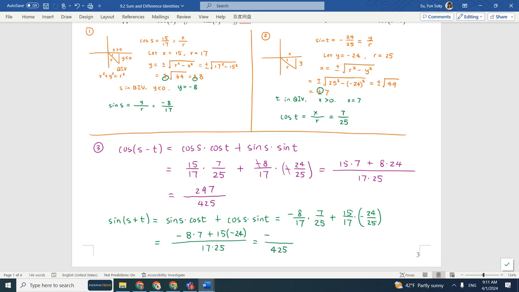And the numerator, I need your help. So it's negative 8 times 7 and then minus 15 times 24. What do you get? 416? Yes. Thank you. Is that okay, everybody? We just plug in the formula.